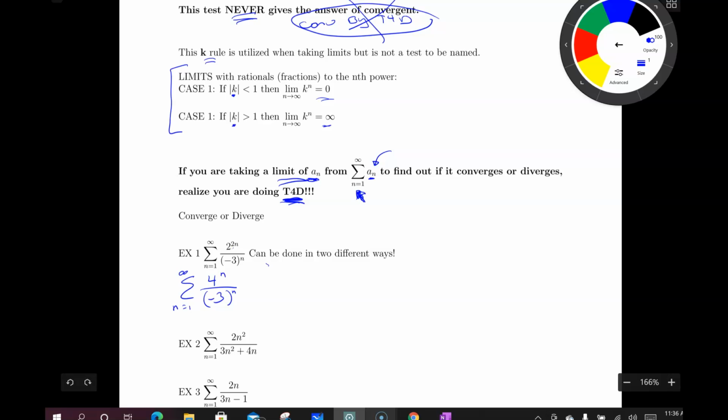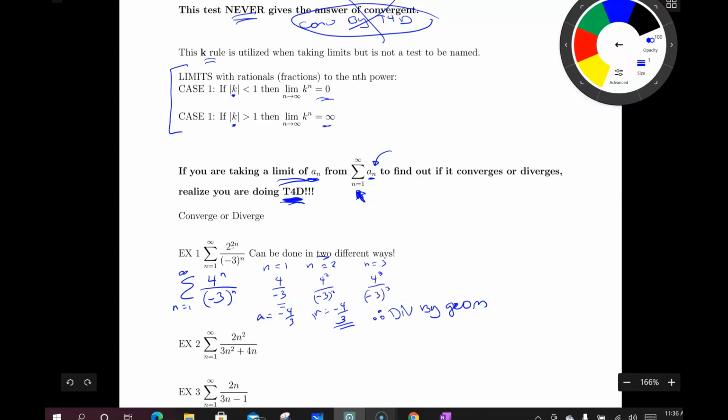If I wrote out the first few terms, n equal 1, n equal 2, I would get 4 over negative 3, 4 squared over negative 3 squared, 4 cubed over negative 3 cubed. I can see A is negative 4/3, and I can see R is negative 4/3. So since the absolute value of R is bigger than 1, I can see it diverges by geometric.